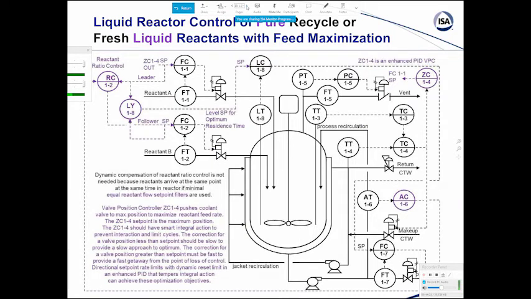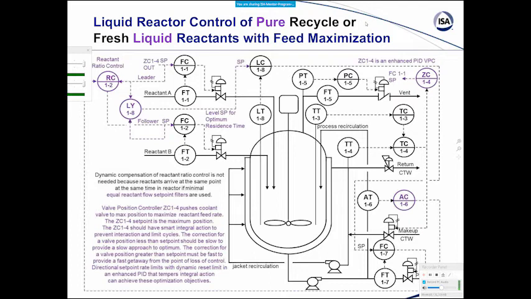Okay, this is a lot to be presented, but let's look at a reactor here that's very important and challenging. It's a situation where we want to make sure that the reactants are in the right ratio.